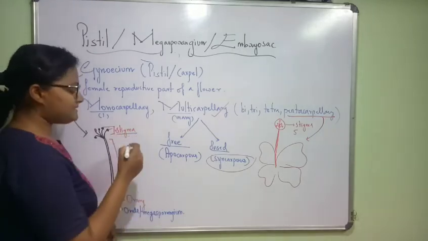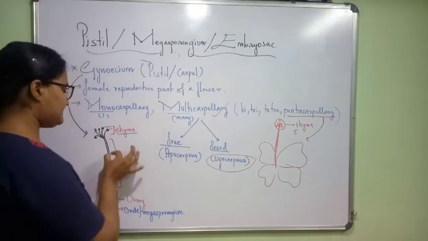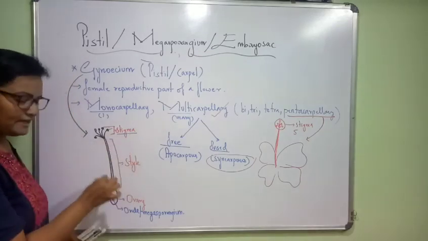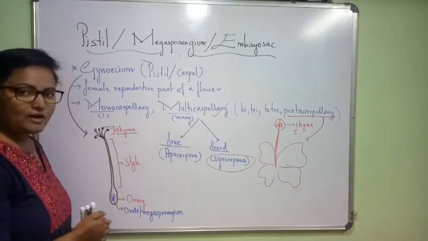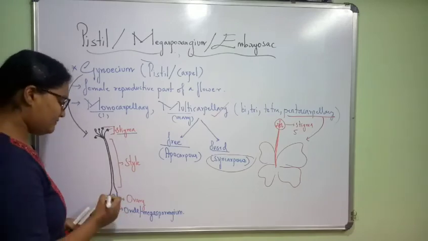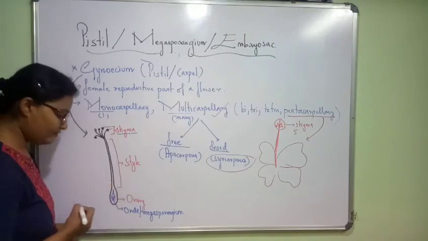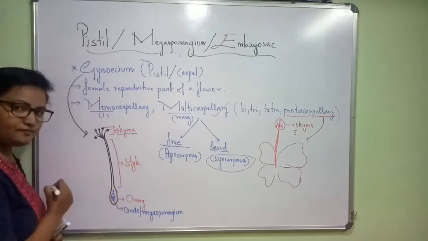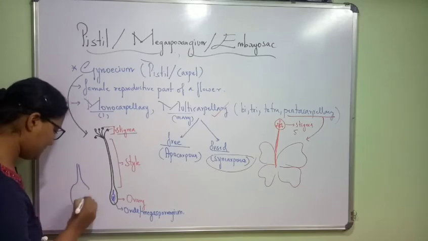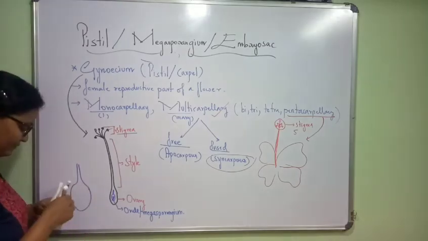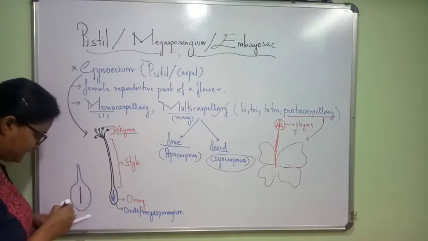We already know what the stigma is, the landing surface for the pollen grain. The style is a tubular, slender structure which ends with the bulged portion called the ovary. Within the ovary there is a placenta, where these ovules are attached. Consider this is the bulged ovary portion, where there will be a placenta.